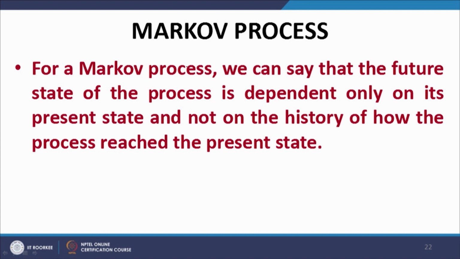Then we talk about Markov processes quickly. Markov processes are those processes whose memory is confined to the preceding state alone. For example, the evolution of the present state of a particular system will depend only on where the system was at the previous state and not earlier. How the system reached that previous state is irrelevant.